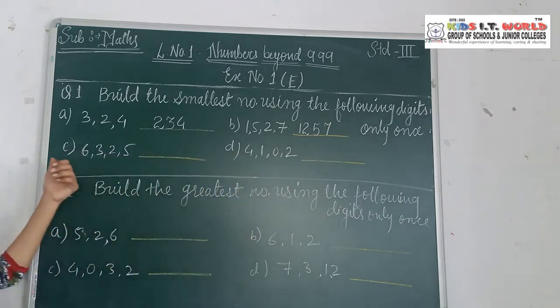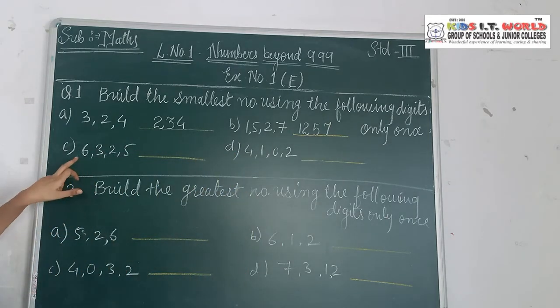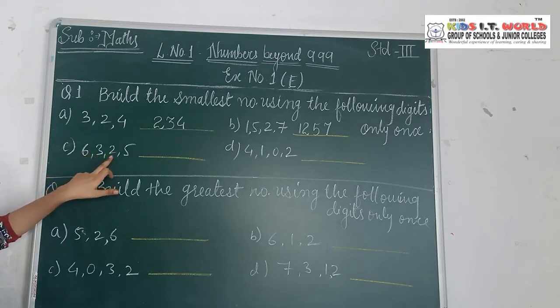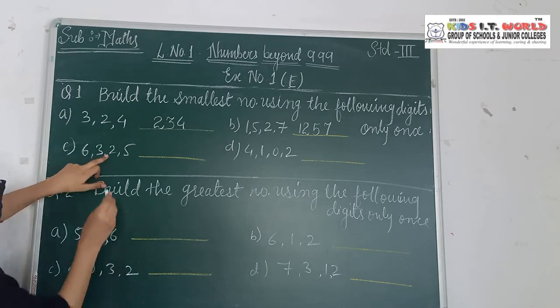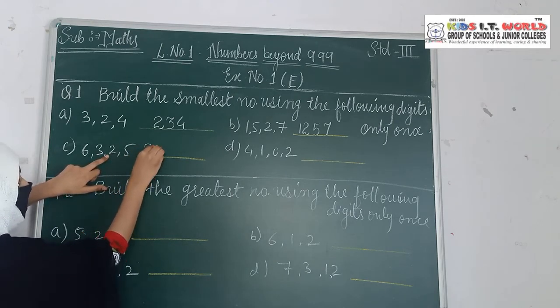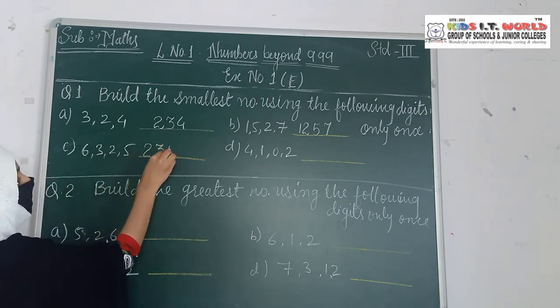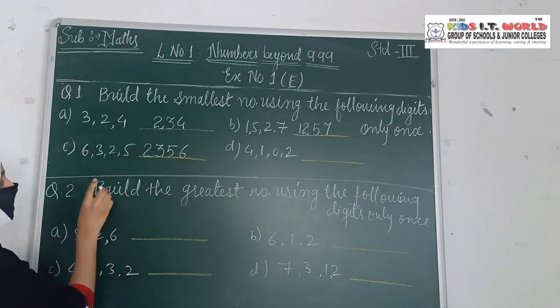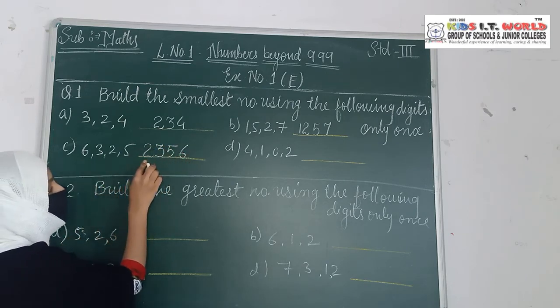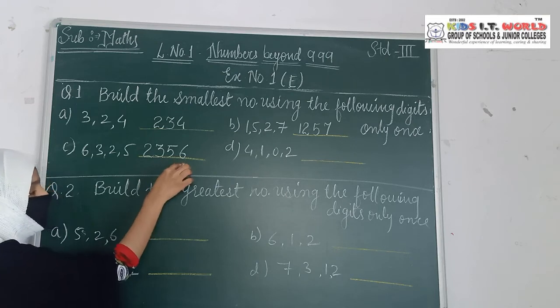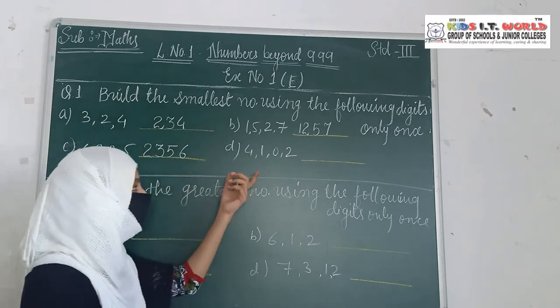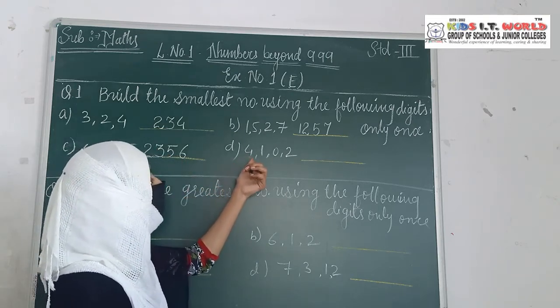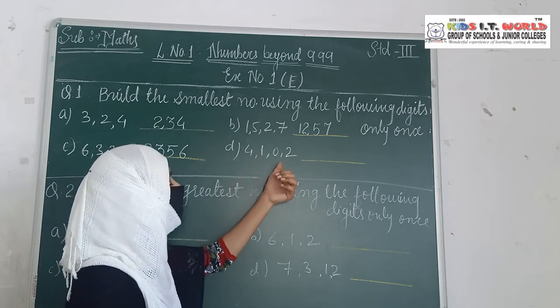In the same way for the third one it is 6, 3, 2, 5. So from this which number is smallest? First we will write 2, then 3, 5, 6. So from this we got 2356.